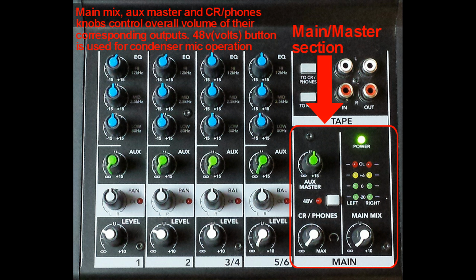If you see red on your meters, you want to turn down on the main level, or you'll want to turn down the gain on your input channel, but we're going to go over that when we use it. In the master section, it also has the phantom power button or the 48 volt button. When you push that button in, you can use a condenser mic with that, and those are great.